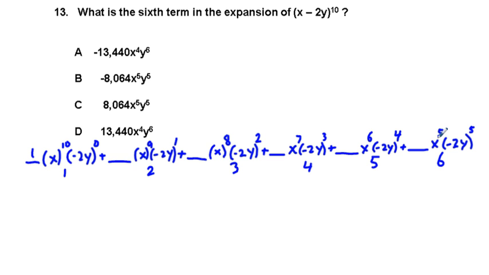So our sixth term is going to be x to the 5th, y to the 5th. So anything without x to the 5th, y to the 5th is immediately struck out of the bargain. And so we're really between these two answer choices, B and C, and I know for sure it's going to be B. Let's go ahead through all of the motions and figure this out.